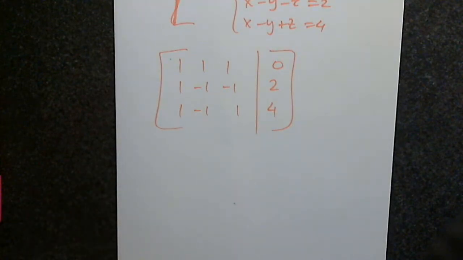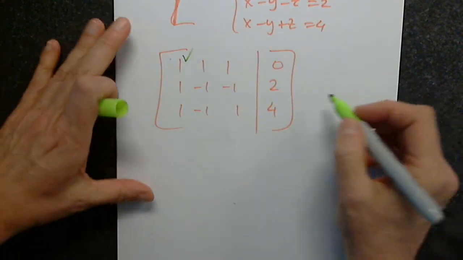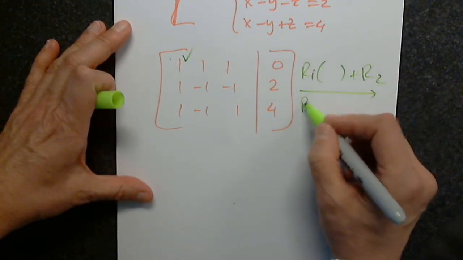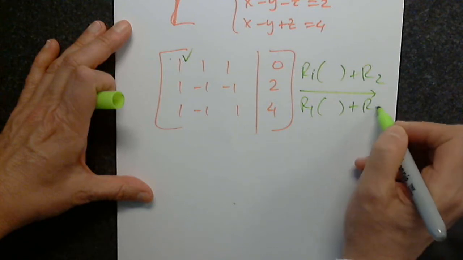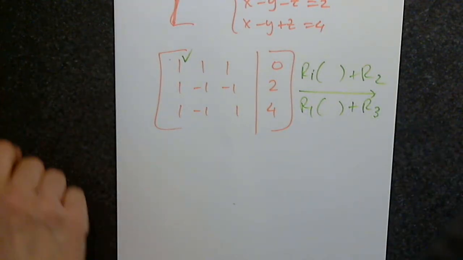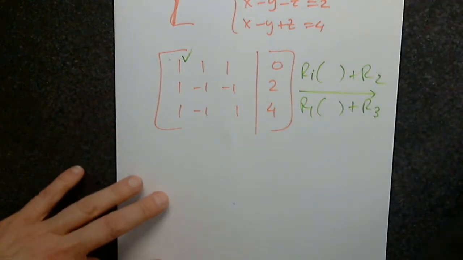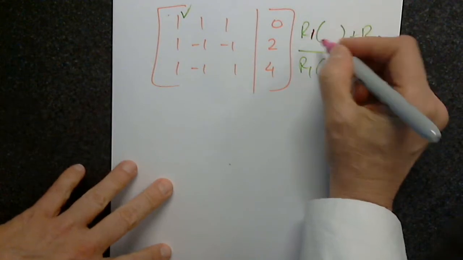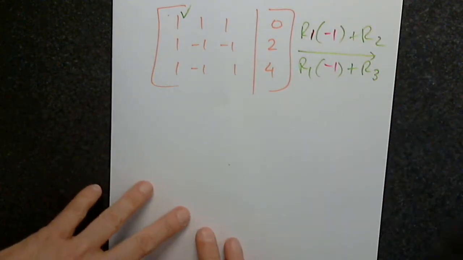Well, luckily, we have the 1. And we will multiply row 1 by something to add it to row 2, and row 1 by something to add it to row 3. Luckily, in this case, both of them are -1.